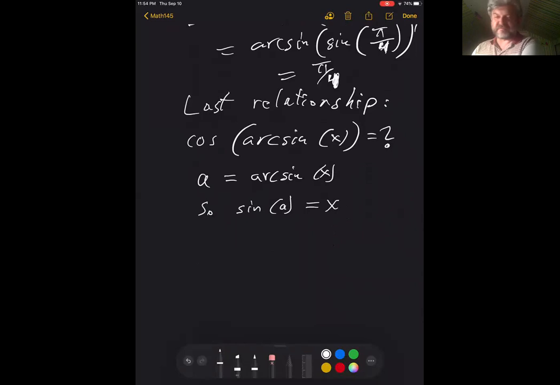If we're in the right interval, let's not worry about that for the moment. If A is in the right interval and x has to be between negative 1 and 1 and so on. Okay, so what is the cosine of A?